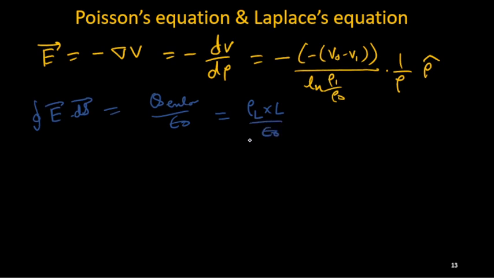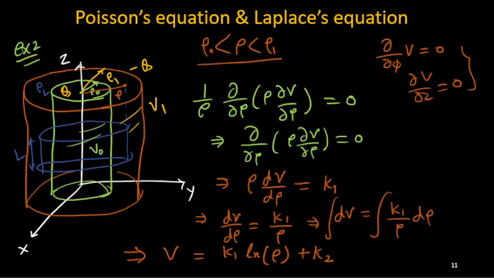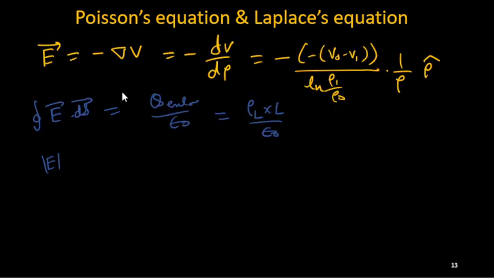We are getting rho L times L upon epsilon naught. And what is the left side? E is constant everywhere, and the electric field is perpendicular to the surface. The curved surface area of this cylinder is 2 pi r into L, so it is E times 2 pi rho times L, and that equals rho L into L upon epsilon naught.